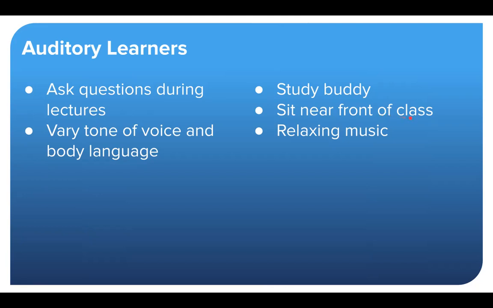Obviously, their strength is listening, and you should keep them as close to the lecture as possible. Another good strategy is playing relaxing music, and that really helps with concentration. So definitely use relaxing music if you can.